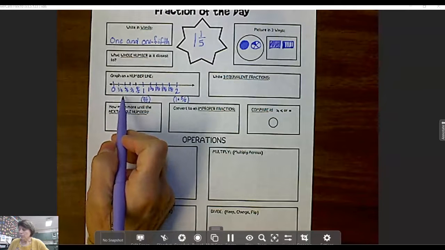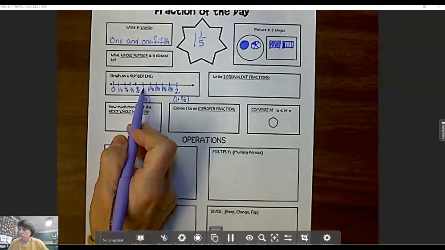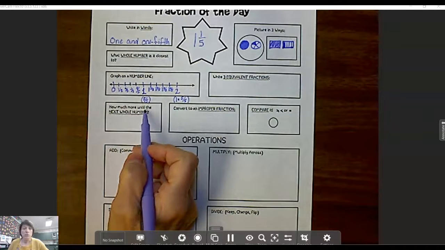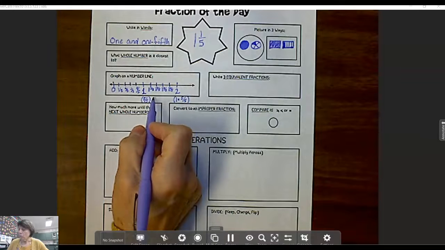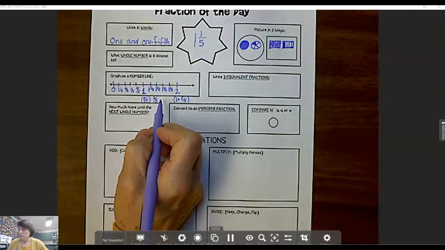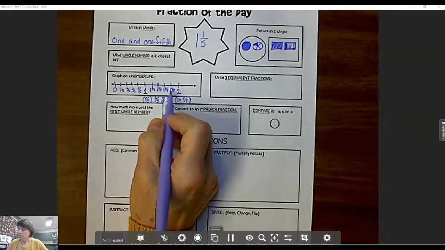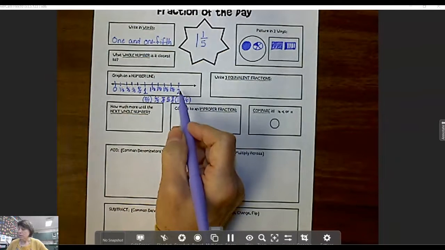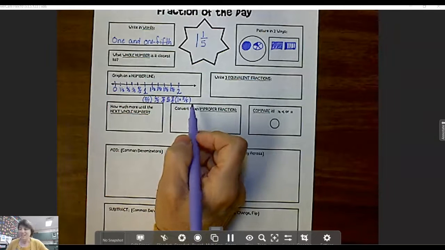This is 1/5, 2/5, 3/5, 4/5, and here's my 1, and we know that that's also equal to 5 out of 5. So now I've got 1 1/5, or I could write that as 6/5, 1 2/5, or 7/5, 1 3/5, or 8/5, 1 4/5, or 9/5, and then 1 5/5, or 2, or another way to write that would be 10/5.